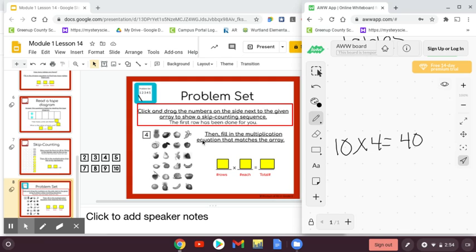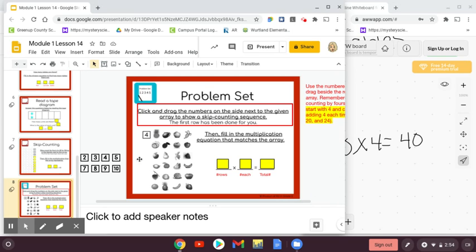Our next slide, we're still doing the same thing, except our number of rows are changing. And it looks like fruit pictures. It says, click to drag the numbers on the sides next to the given array to show skip counting in a sequence. Our sequence is going to be by 4s because there are 4 pictures of fruit in each row. So our next one would be 8, right? So we have 4, and then our next one would be 8. We're just dragging our numbers over from the side next to the array. The first one was done for you.